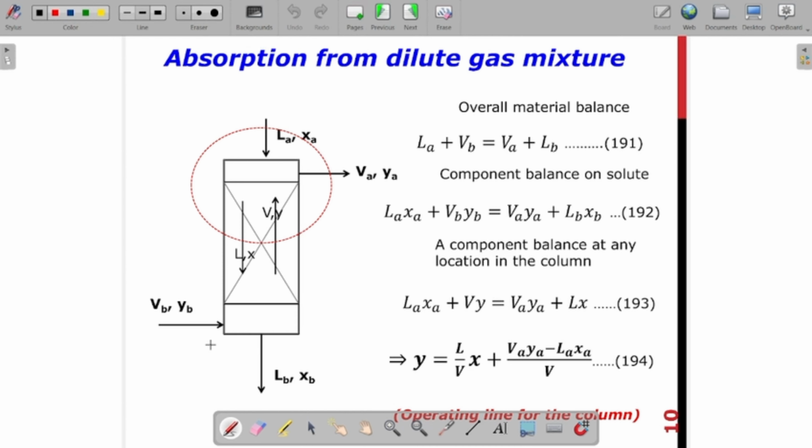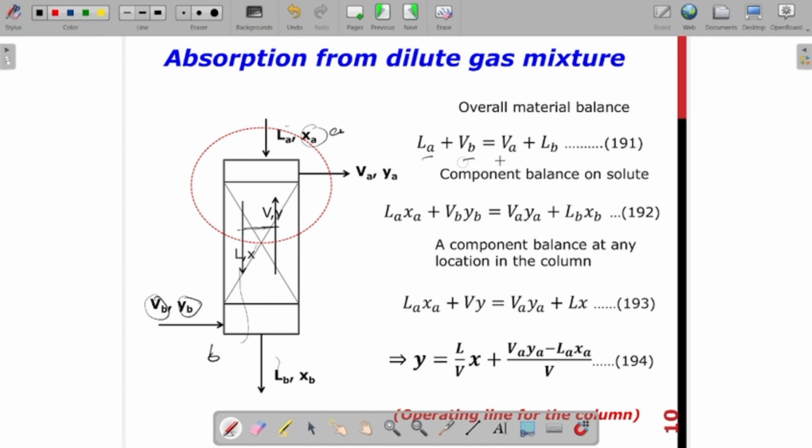We label the bottom part as B, then the top part as A. This is the gas entering, having its mole fraction. This is the liquid also entering, also having its fraction. Then the gas leaving, the liquid leaving. Here they come into contact, where the liquid takes a component out of the gas and comes over here. So doing an overall balance, in equals out.